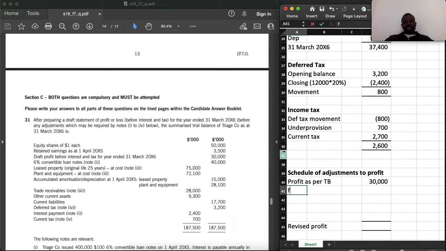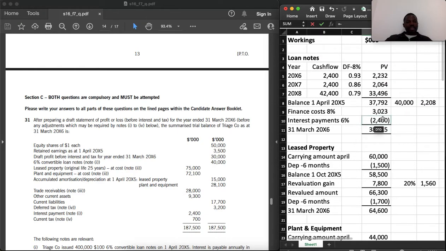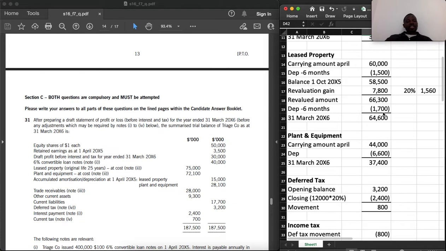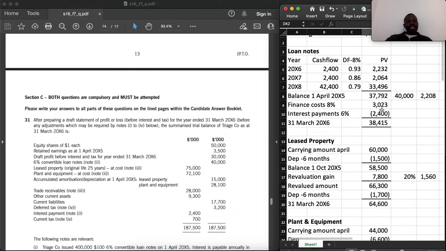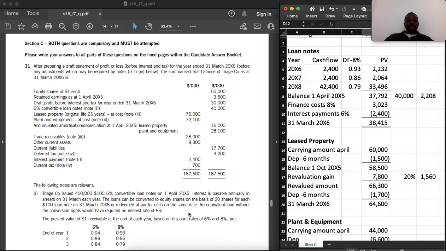The first thing that we need to adjust by is our finance cost that we have calculated above. We have calculated our finance cost here of 8. Please take note that the interest payment was not used as the finance cost, as it is still showing on the trial balance. So we don't do anything about that.